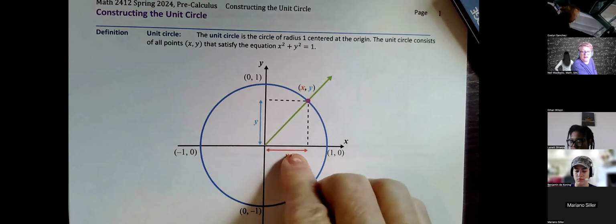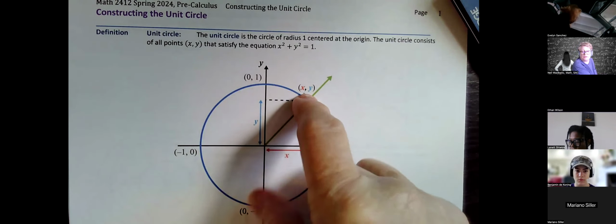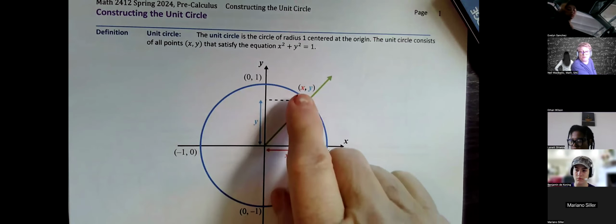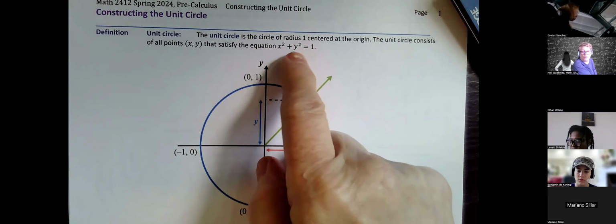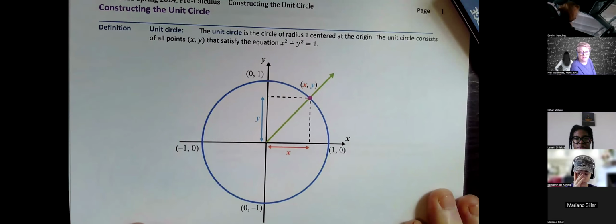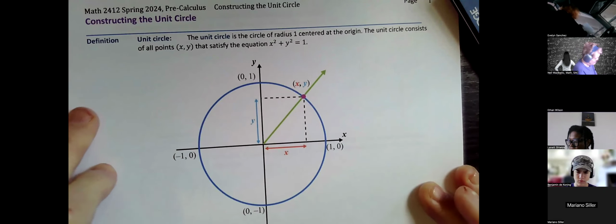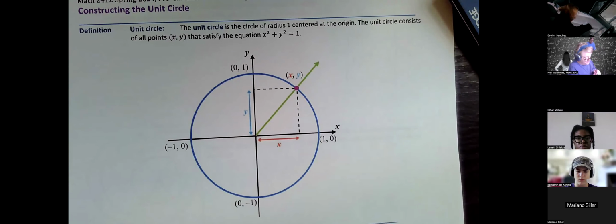So for any point x, y on the unit circle, we've got the property that x squared plus y squared equals 1. Let's start with a value, a different value than we did last time.